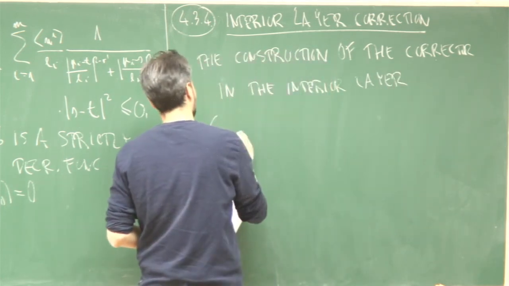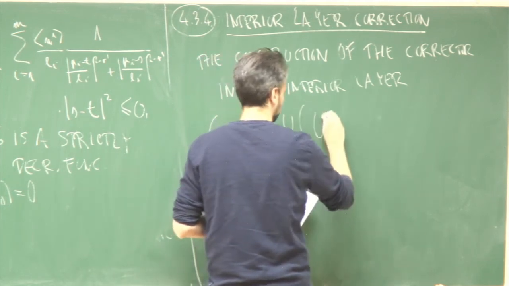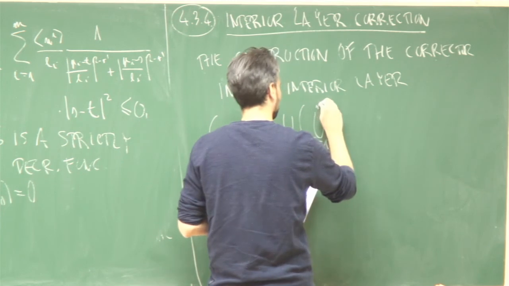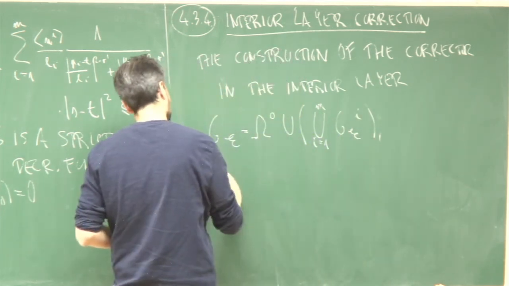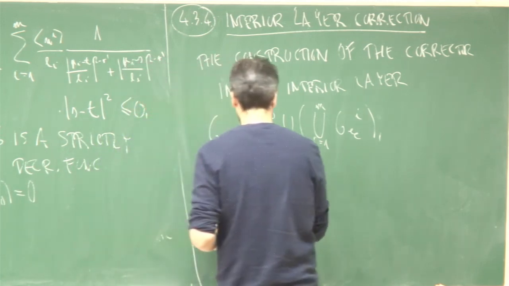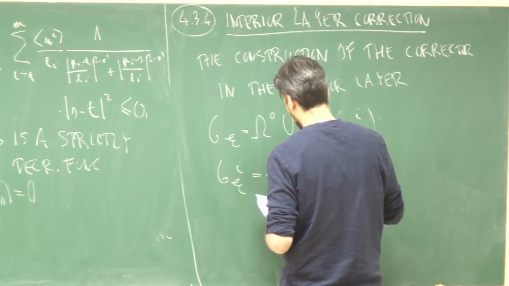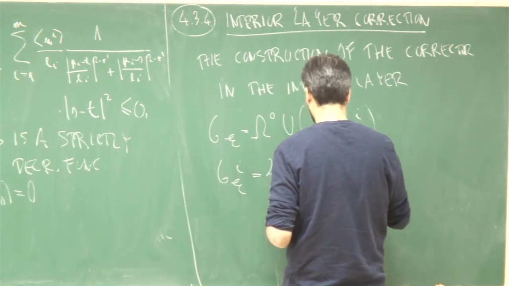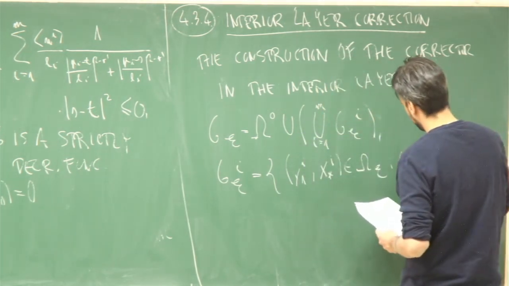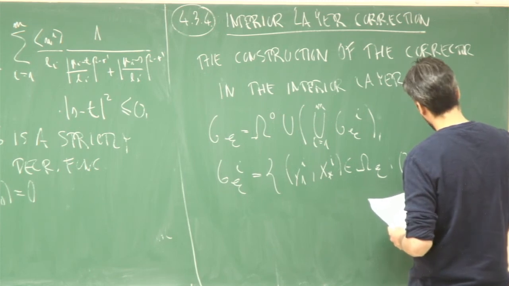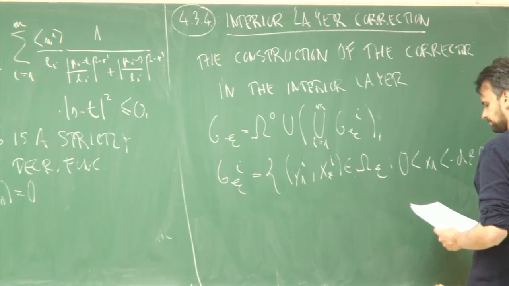G epsilon is omega 0 union with 1 to m G epsilon I, and G epsilon I is x1I, x star I. Of course, if you remember, this was the part up until minus d epsilon ln epsilon, right?